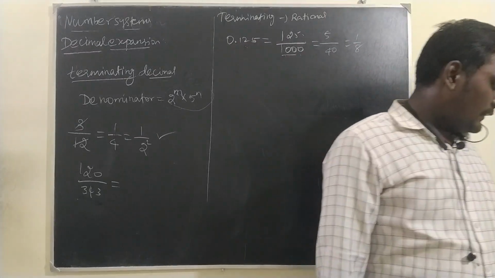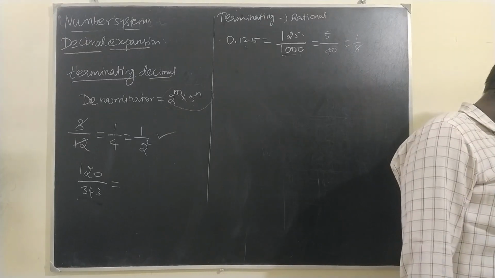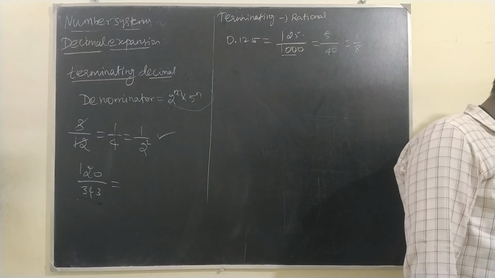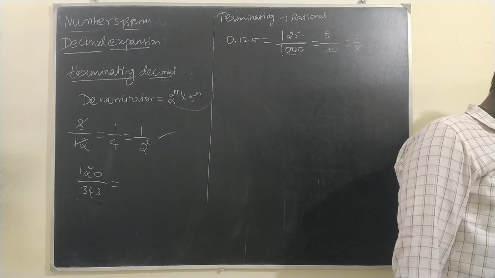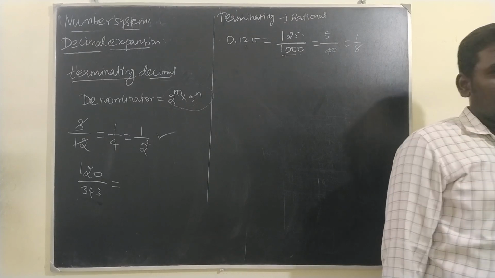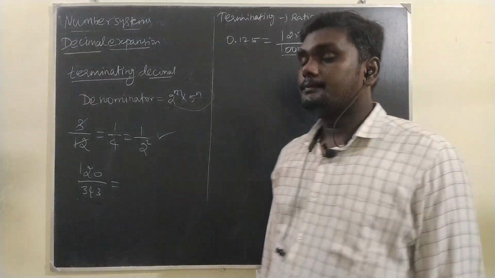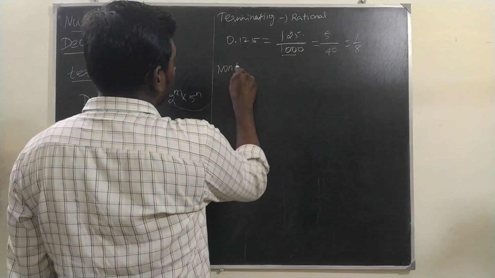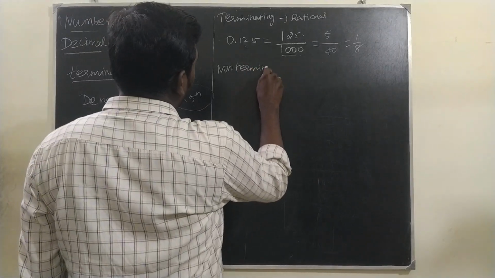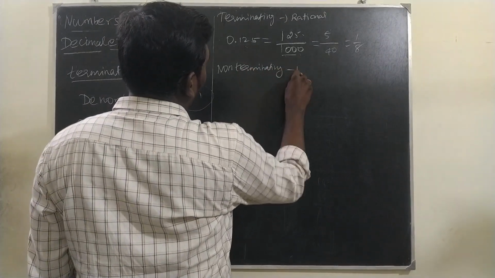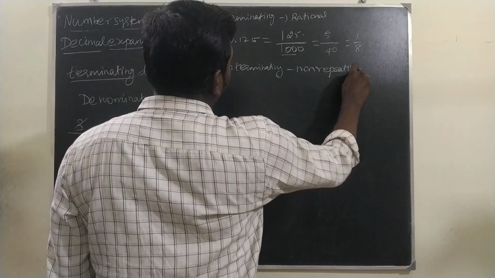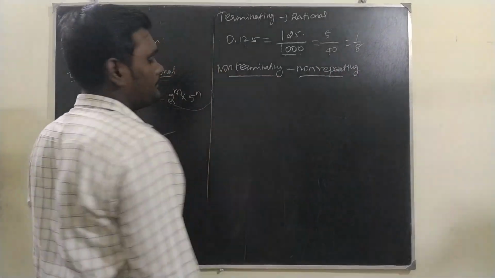Here, the same way, non-terminating decimals into fractions. Non-terminating and non-repeating, meaning what?